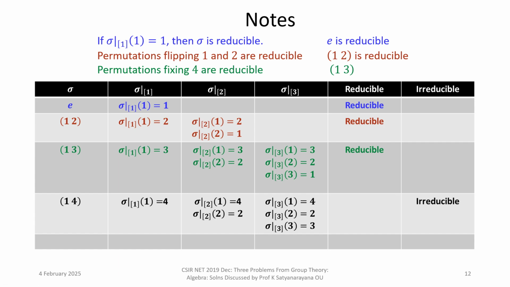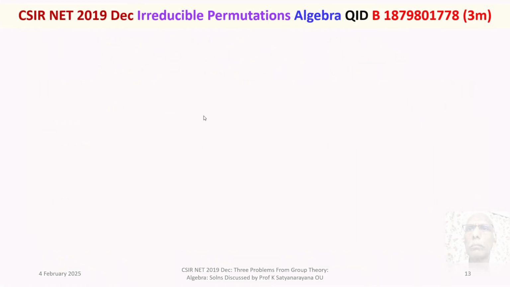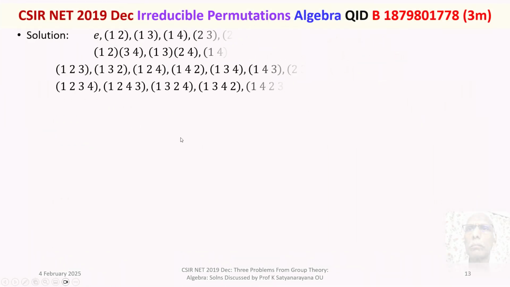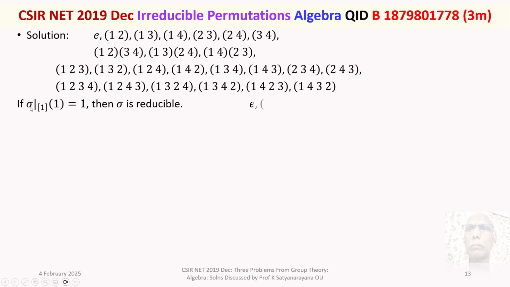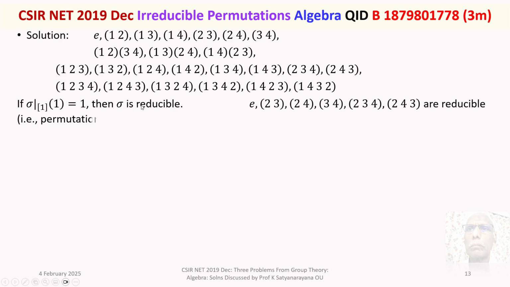And I will discuss each one of these 24 permutations, which I have written. Now, if sigma restricted to bracket 1 sends 1 to 1, then sigma is reducible. What are all those which will send 1 to 1?